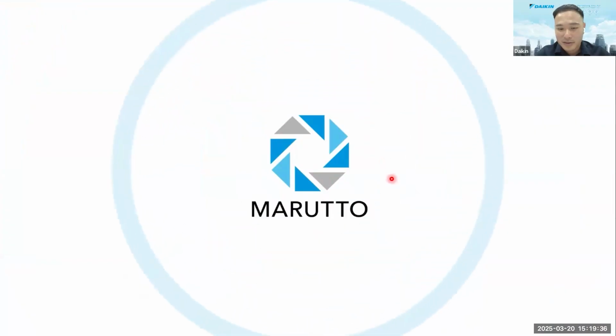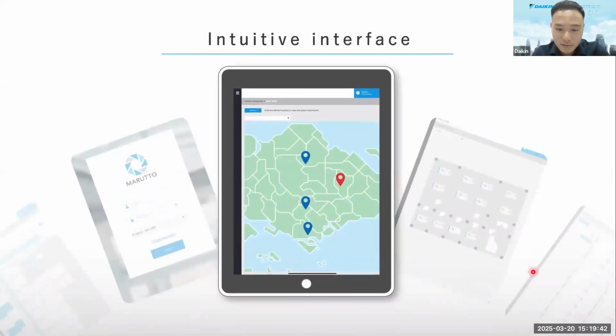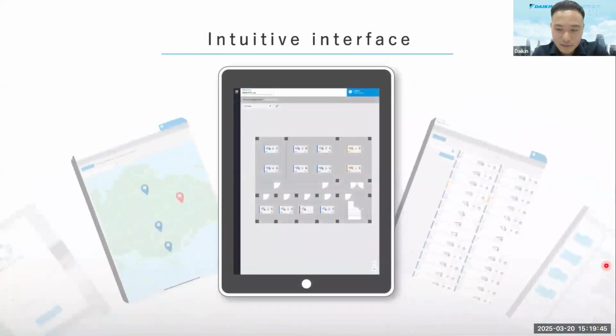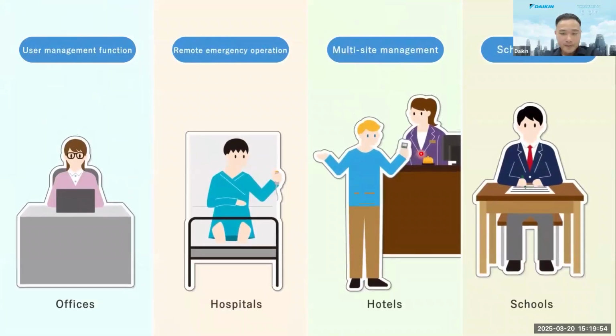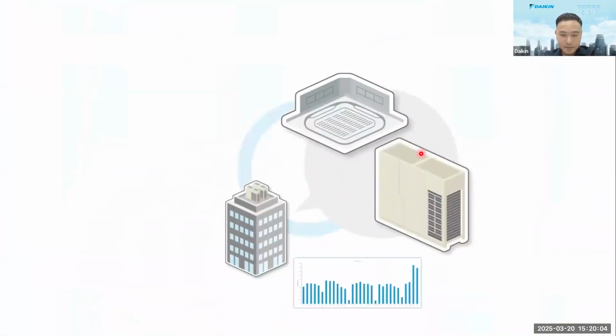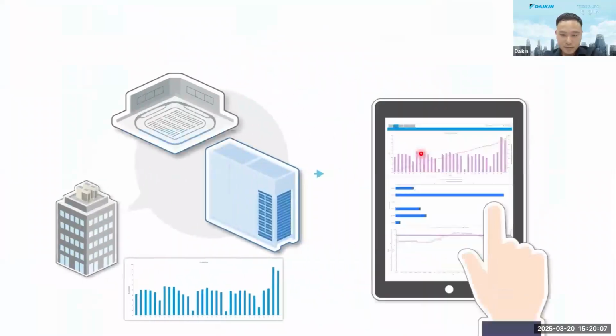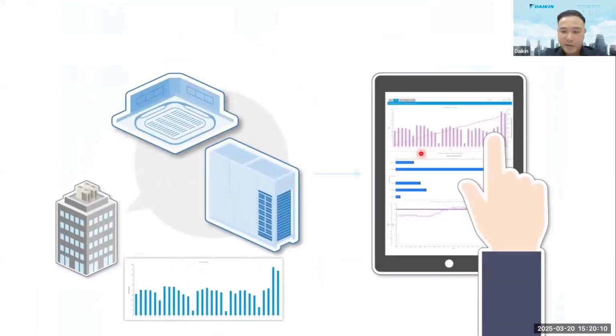And the lifecycle problems of customers. Okay. The interface provides instant recognition of building status, along with user-friendly map and layout view screens that anyone can operate. Maruto can be customized according to application, such as offices and hospitals, to achieve the optimal system. Maruto records, stores, visualizes, and analyzes the operation data of your air conditioners. This allows you to understand the equipment's real-time operating status while contributing to energy savings and longer product life.